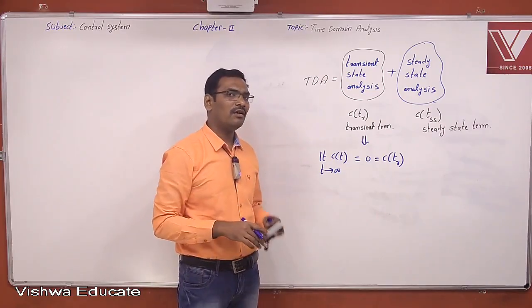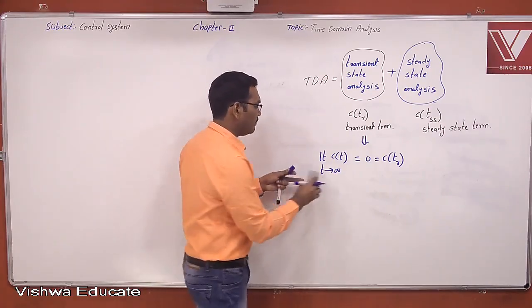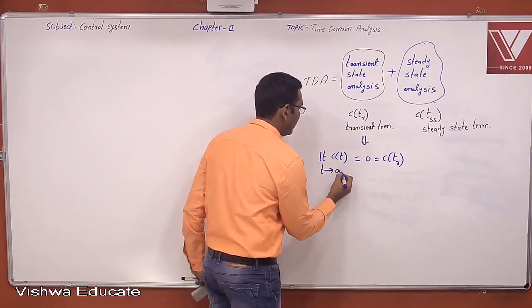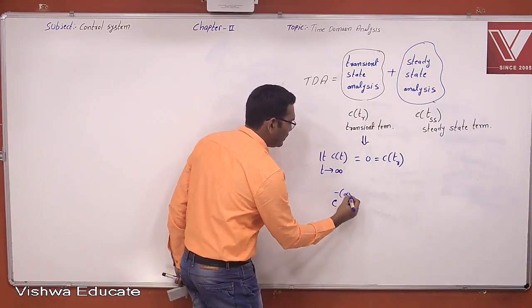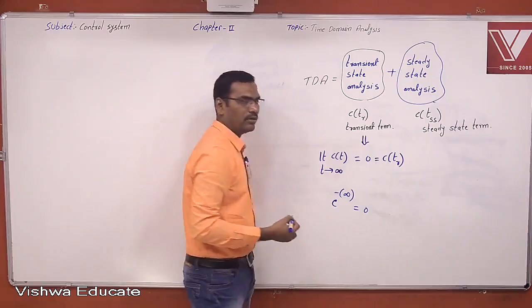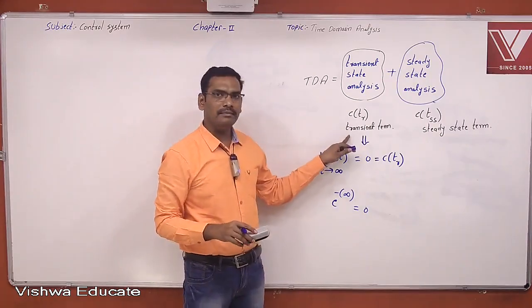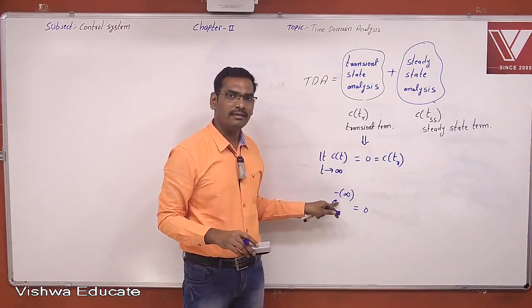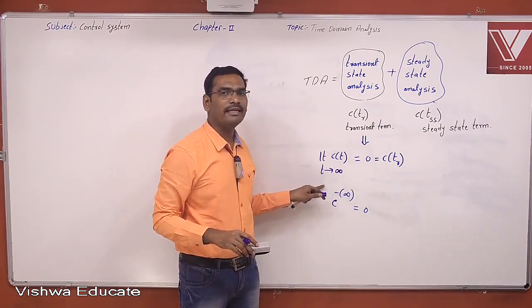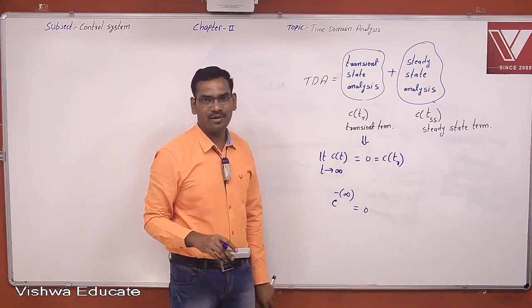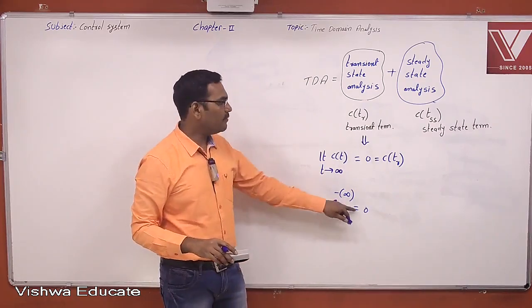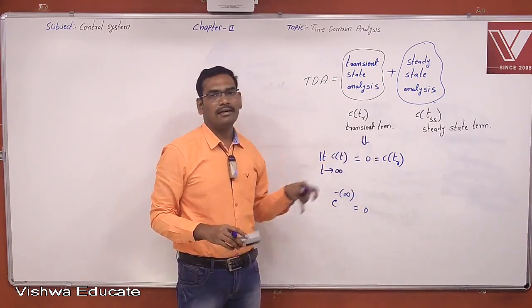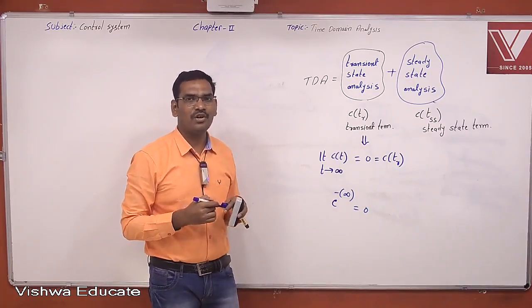Do you understand or not? What is e power minus infinity? e power minus infinity is nothing but 0. Any term that is a combination of exponential decaying, when you substitute t tends to infinity, that term will become 0. If that term becomes 0, it is called a transient term, which is a very simple shortcut method.